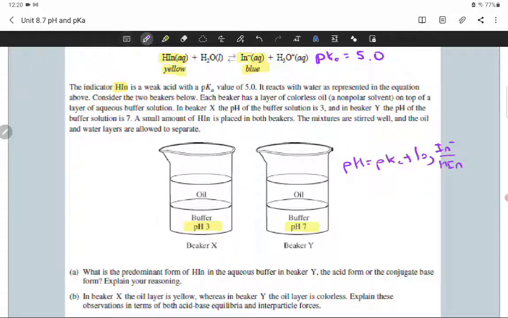Okay, so this one has a pH of 3. So this is for X. pH 3 equals pKa, which is 5, plus the log term. So we need this to be a negative number. Why? Because we need this to subtract from 5 to get down to 3. And the only way you're going to get that to happen is for that to be negative.